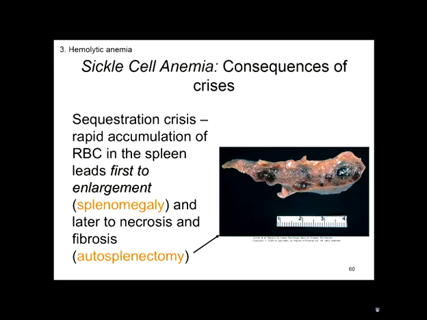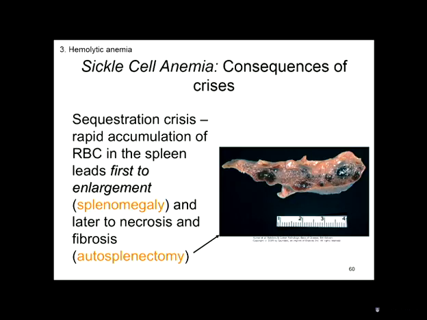which means you can see the result. This is a totally abnormal spleen in a patient who's had crisis after crisis, and you can see only a little bit of splenic tissue is left, and the rest of it is shriveled up connective tissue with areas of inflammation.